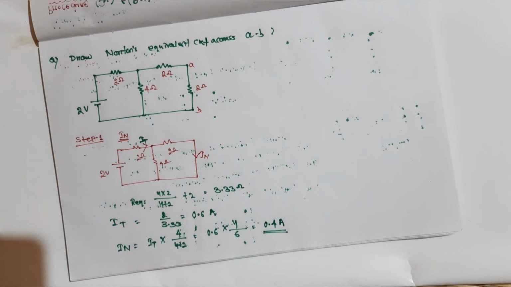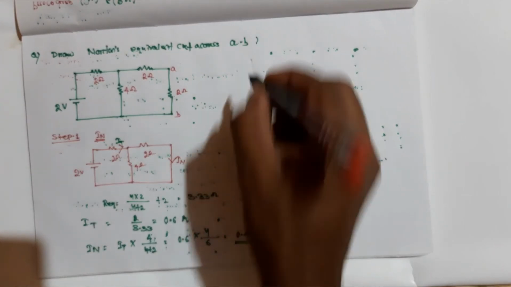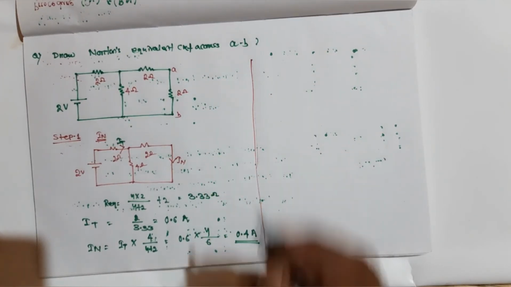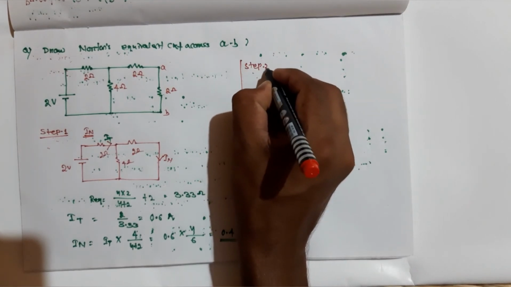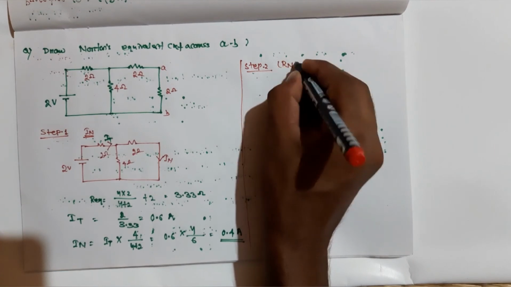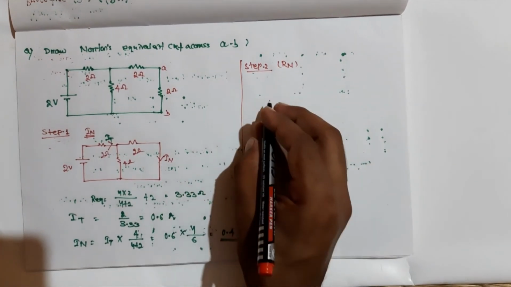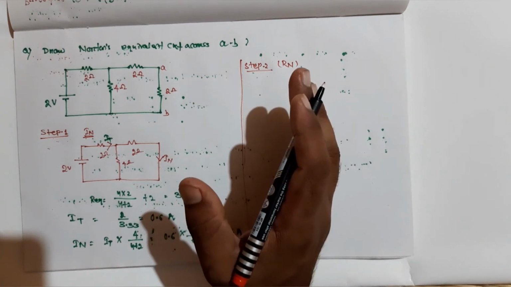Our next step is finding RN, the equivalent Norton resistance. For finding this, we need to deactivate all independent sources.